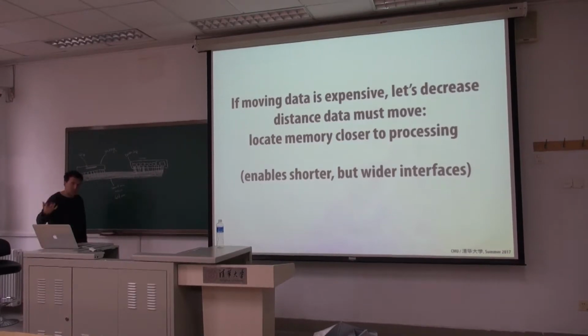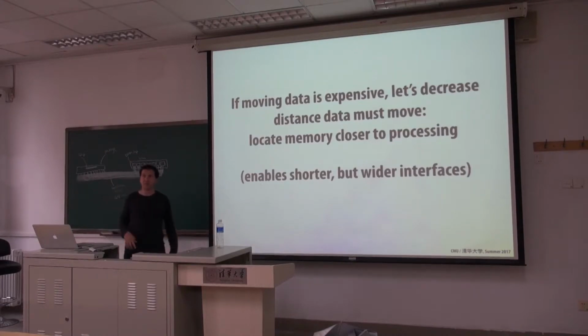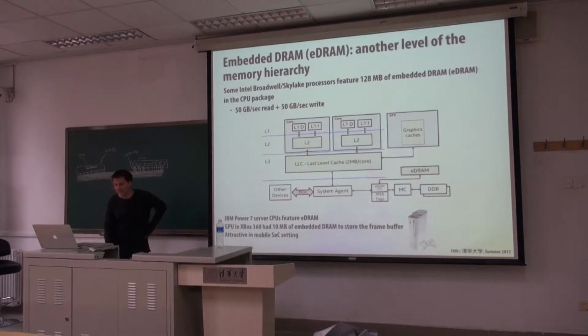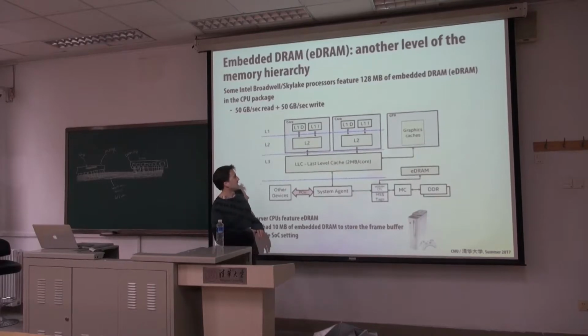In other words, if your best friend lives in another city far away, and you're always traveling to visit each other, at some point you might say, hey, let's move closer together. So one simple way to bring DRAM closer to the processor is to take the DRAM and put it in the same package.